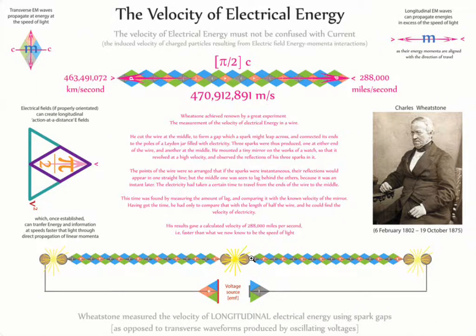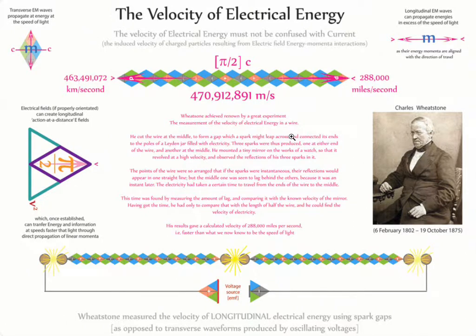Again, revealing that the aligned energy momenta can propagate information faster than the electrical energy can move along the circuit itself in establishing it. And this number turns out to be pi on 2 by the speed of light, so it's greater than the speed of light.